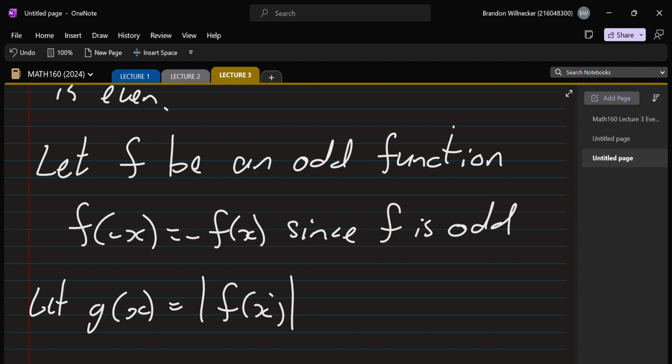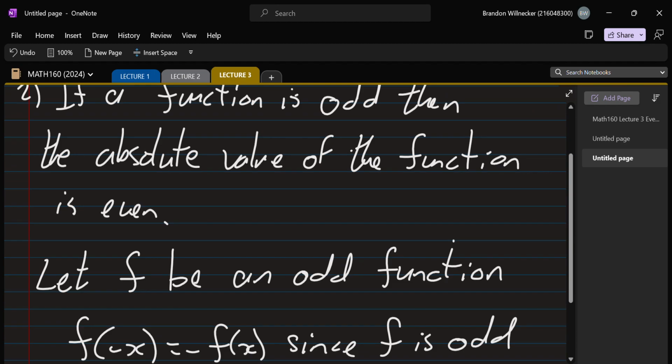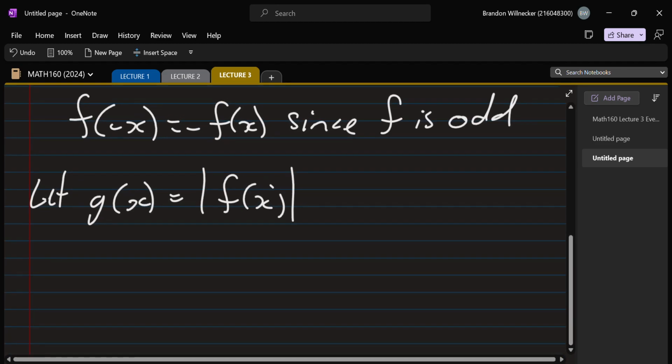Now we want to show that this absolute value of f of x is even. That's the end goal. That's this bit here. The absolute value of the function is even. How do we show something is even? Well, it must satisfy the even property. So let's just check.